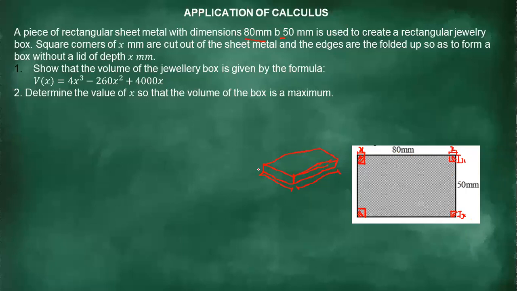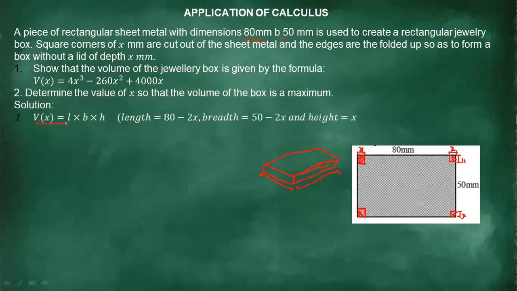All right, then let's see on the solution how we show the volume of the jewelry box. First we write the formula for the volume of that box. The length, as we were saying, is going to be 80 minus 2x, and then the breadth or the width, breadth and width is the same thing, is going to be 50 minus 2x.